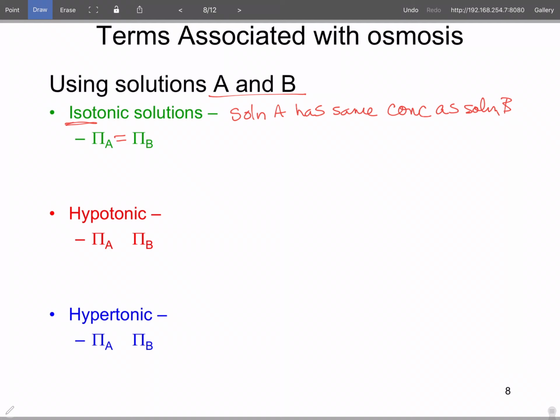Now, hypotonic and hypertonic are relative to which one you're dealing with. So if it's hypotonic, you're going to say that solution A is less concentrated.